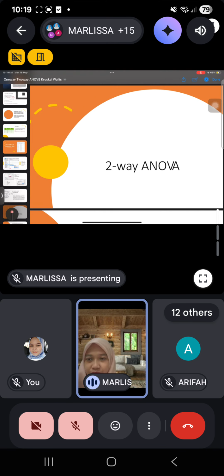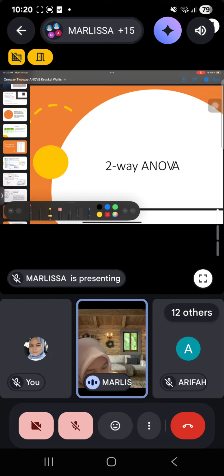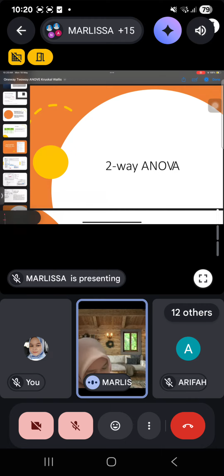You have more than one independent variable. So let's say in your research, for me, the DV, the dependent variable, let me write here, is the test mark of quanti and quali quizzes.